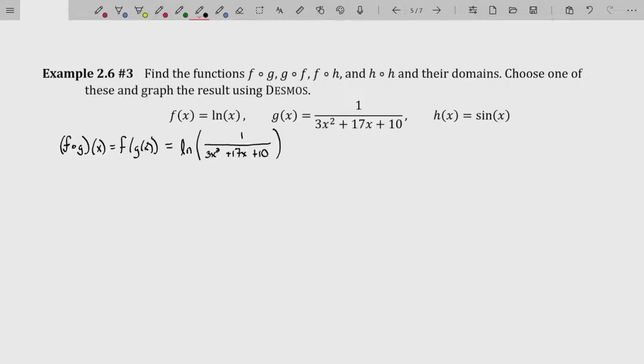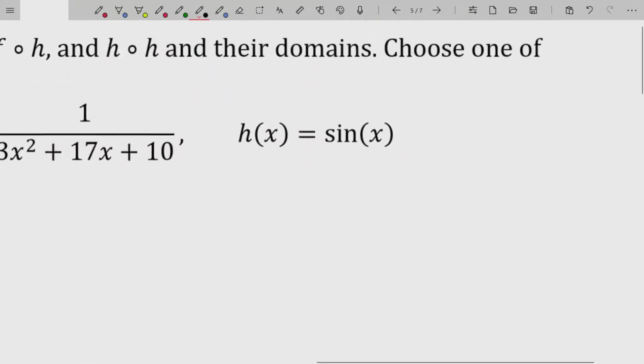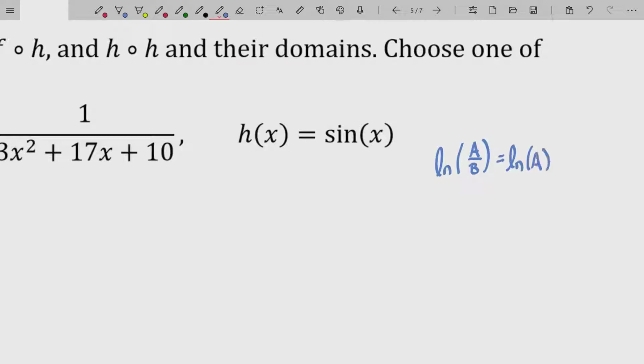This requires a little bit of your prerequisite knowledge with logarithms. Your Algebra 2 course should have taught you the following: the natural log of a over b is equal to the natural log of a minus the natural log of b.